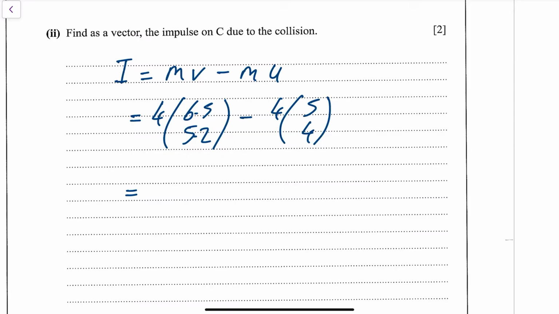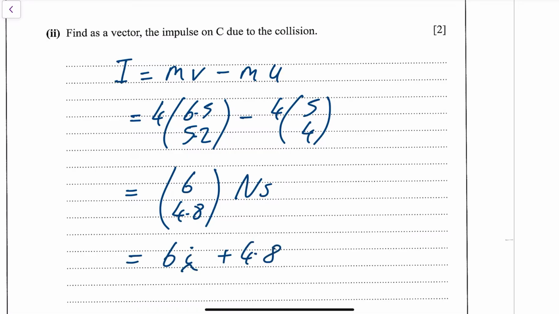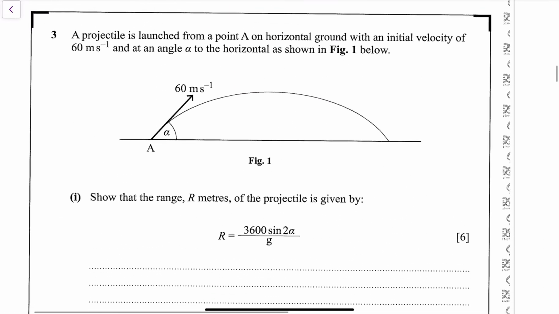When we just do that, I have got 6i plus 4.8j, and the units are Newton seconds. Let me just check my working out. 4 times 6.5 minus 4 times 5 is 6, and 4 times 5.2 minus 4 times 4 is 4.8. Yep, good. Another 2 marks.